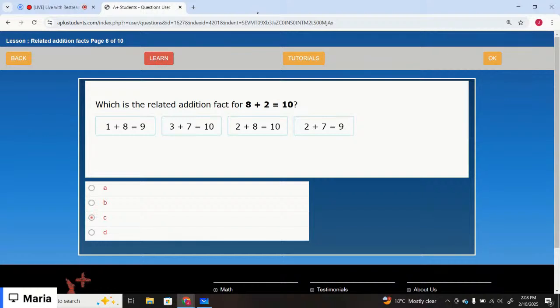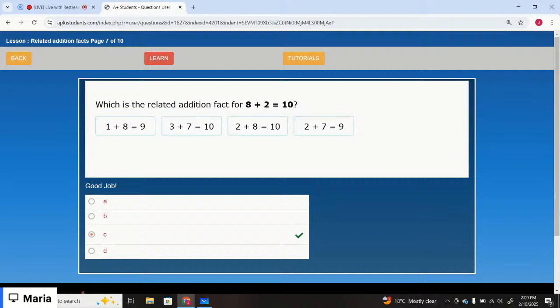2 plus 8, option C is the correct option. Which is the related addition fact for 8 plus 2 equals 10? Option number C is the correct option.